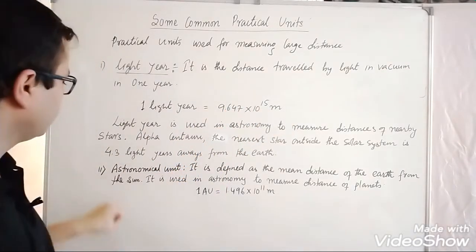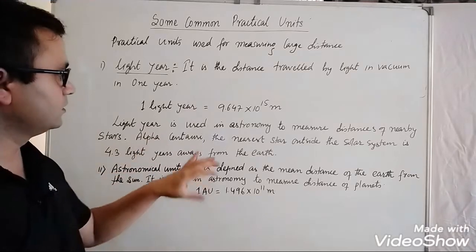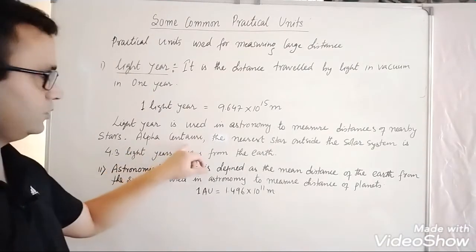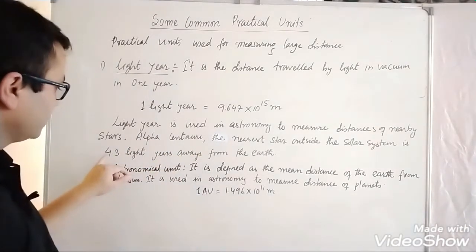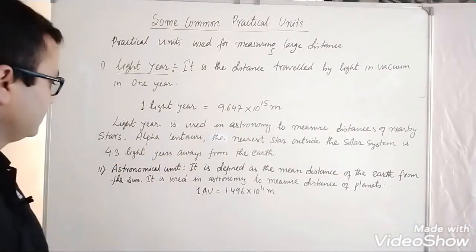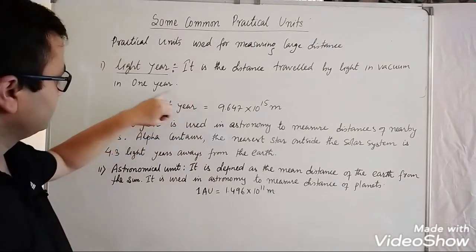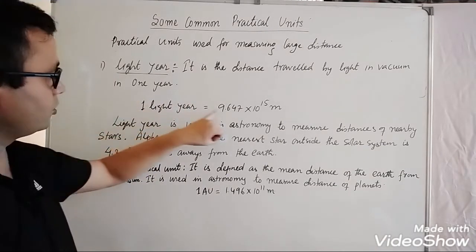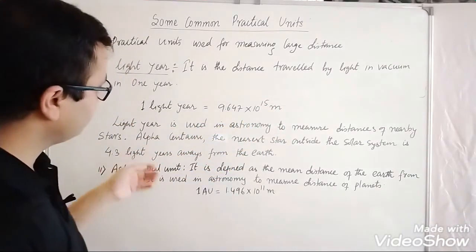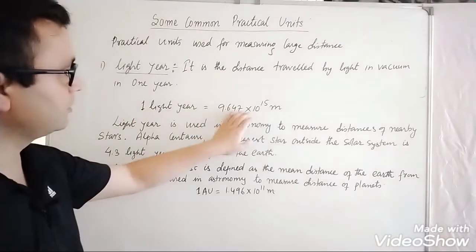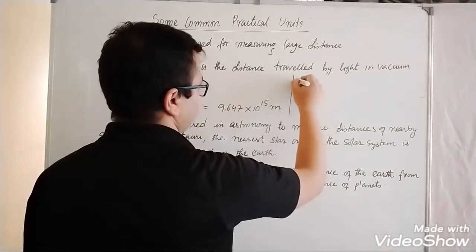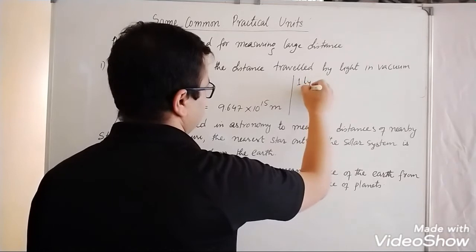Now we simply multiply by 4.3 and we get the distance between Earth and Alpha Centauri. 1 light year is represented by Ly.